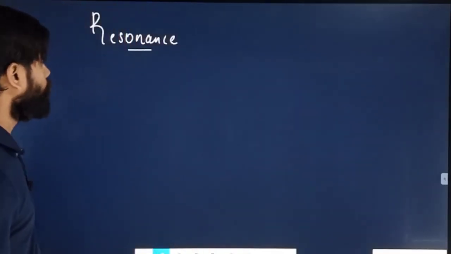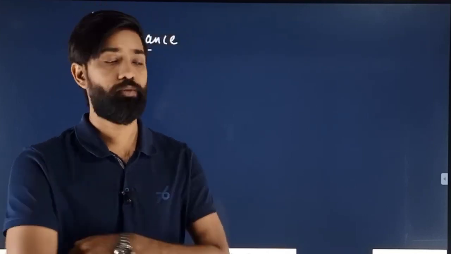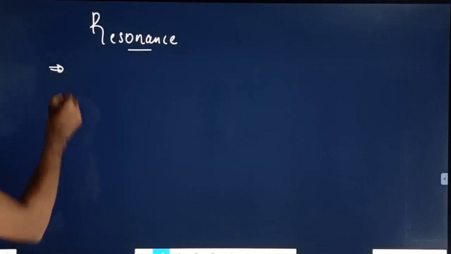Resonance. We are already familiar with the resonance concept from your organic basic principles. So write down: resonance is used to describe the whole property of a molecule. In order to describe the whole property of a molecule, a single Lewis structure is not enough.